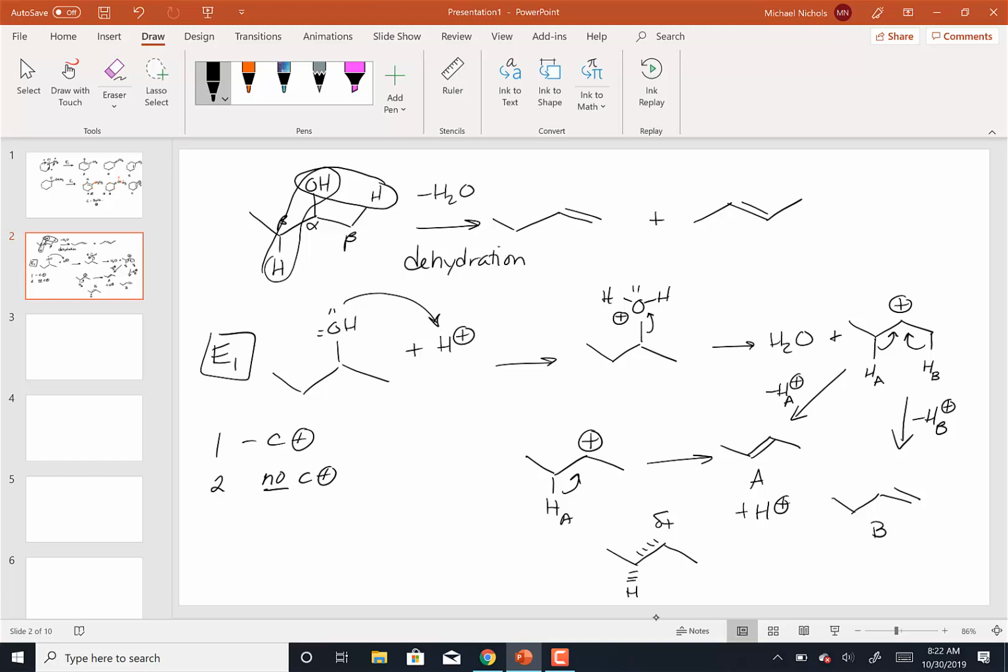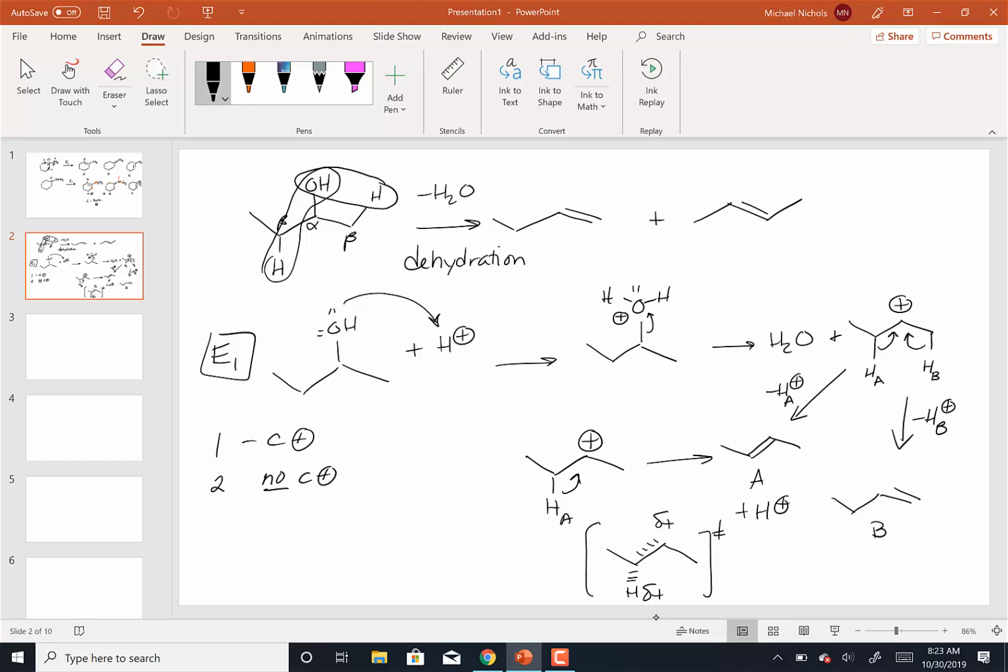The hydrogen, because the hydrogen is lost as a H+. So this would be the transition state then for that reaction. So the only thing I'm adding here is we write a partial bond on the bonds we're forming.